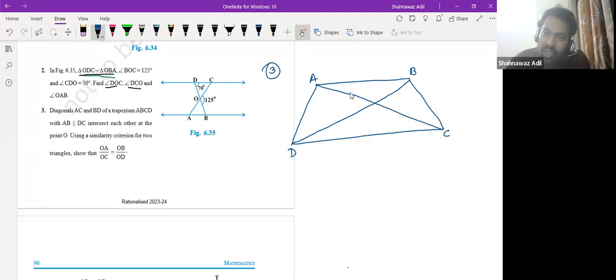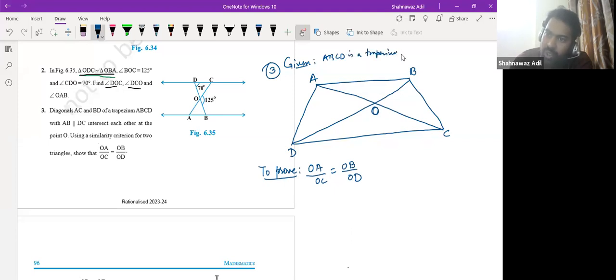We have to prove that OA by OC equals OB by OD. What is given is that ABCD is a trapezium and AB is parallel to DC. These are the things which are given.